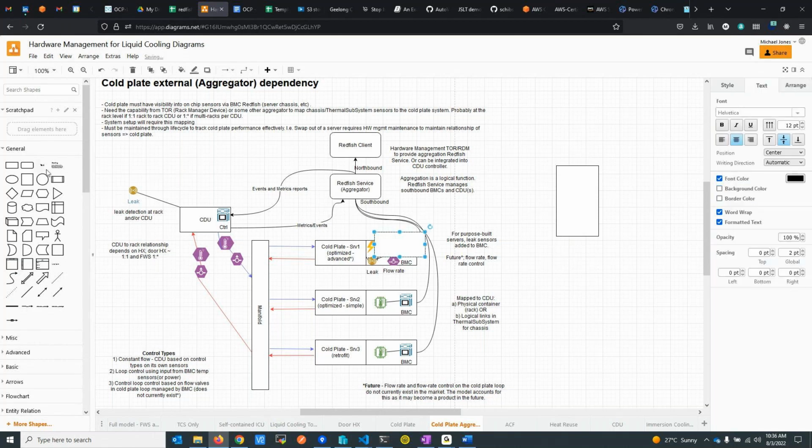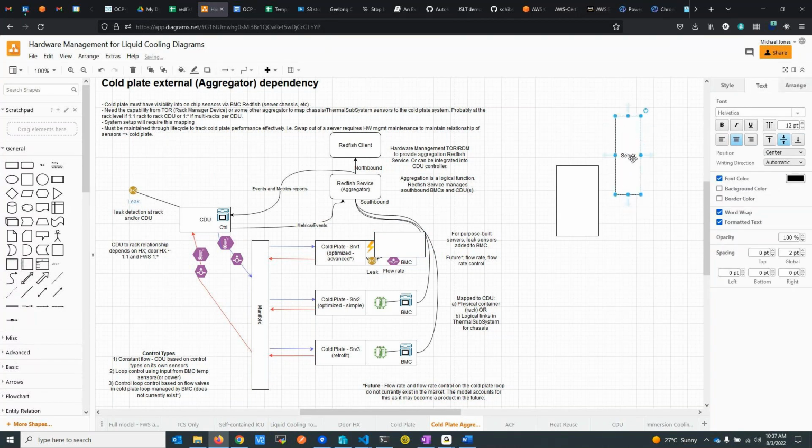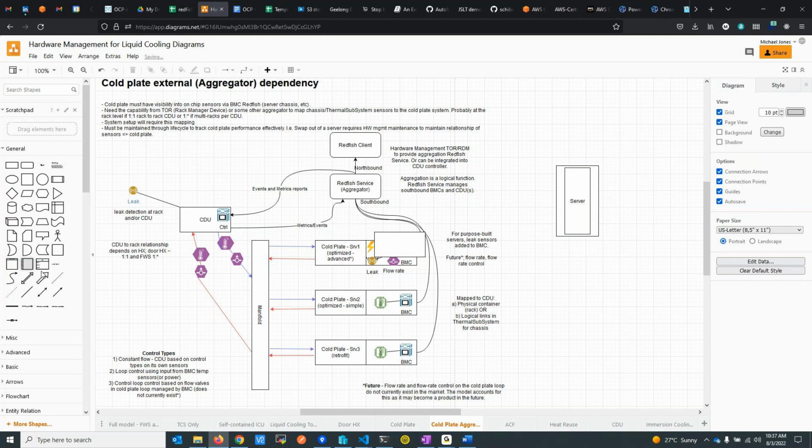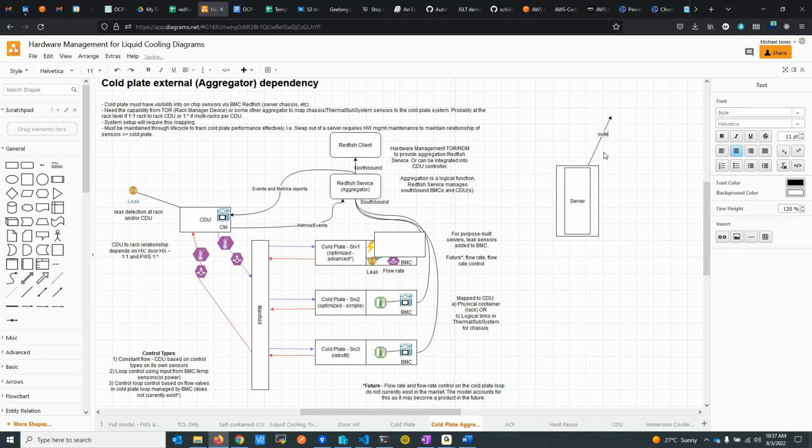Okay. Sorry, I'm going to capture this so I can make sense of it later. So if we call that, sorry for my vast simplification, it's going to go in there, and then you're going to have an outlet to the CDU.